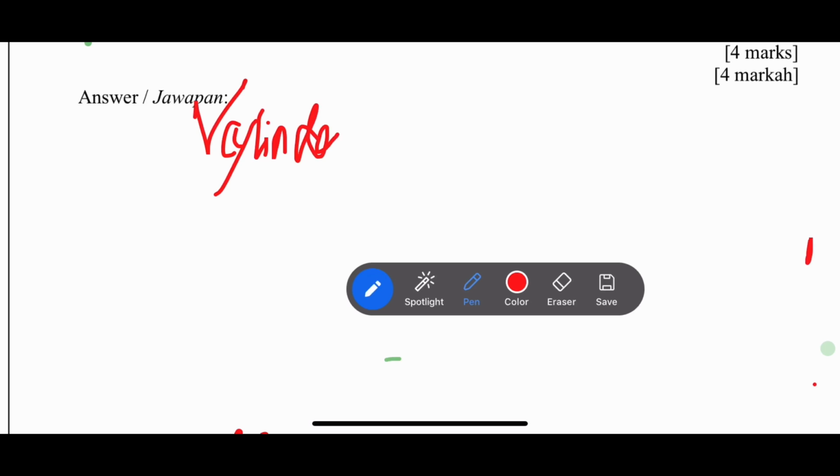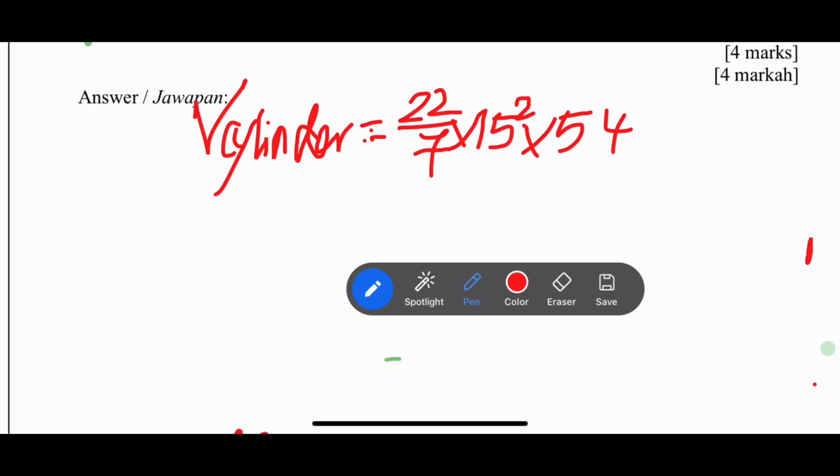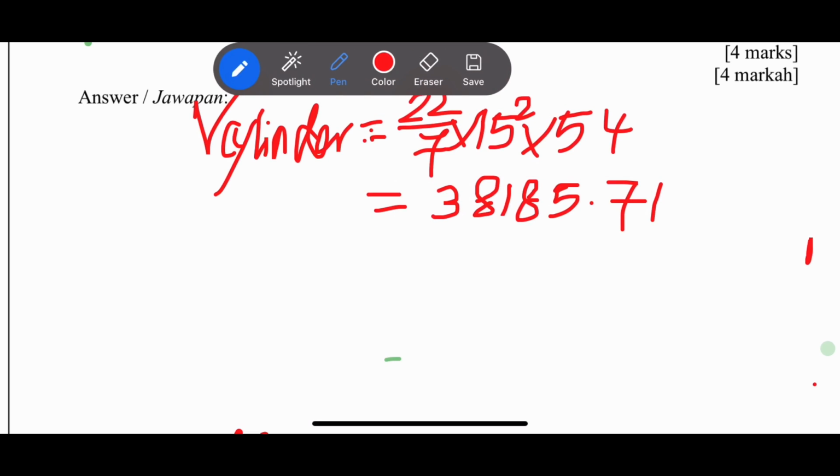We will calculate the volume of the cylinder, which is pi r square h, right? So it's 22 over 7 times 15 square times 54 for the height. So your answer is 38185.71. This is the volume of water.